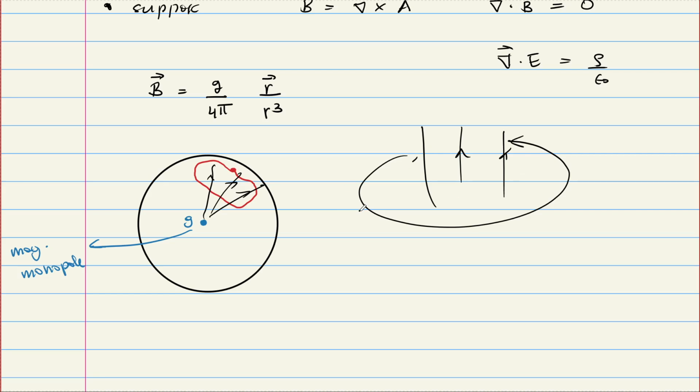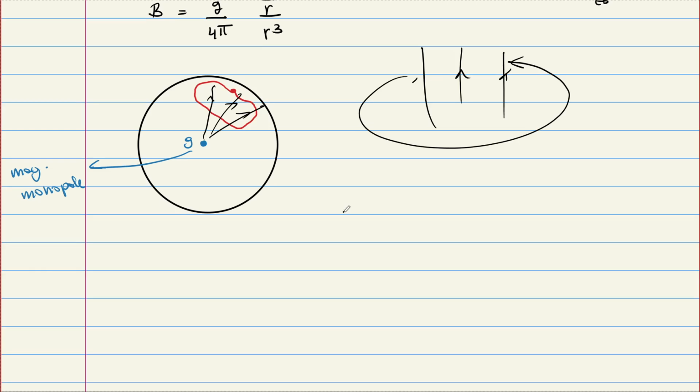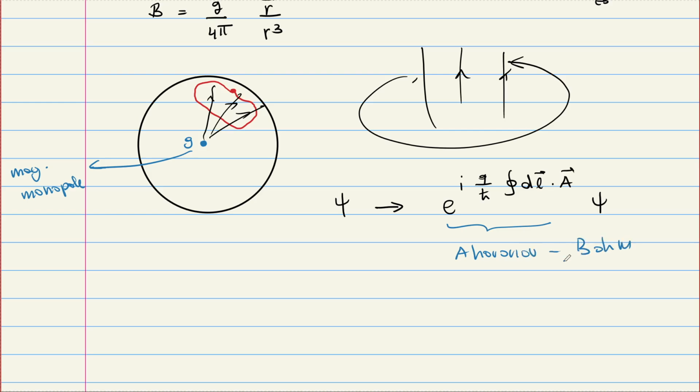There is the Aharonov-Bohm effect, if you remember, and the Aharonov-Bohm effect is just a phase. So this psi, due to this loop, is going to go to e to the i q over h bar, closed loop integral of dl dot A, times psi. So this is what we called the Aharonov-Bohm phase in the first semester. But now we know Berry phase, right?